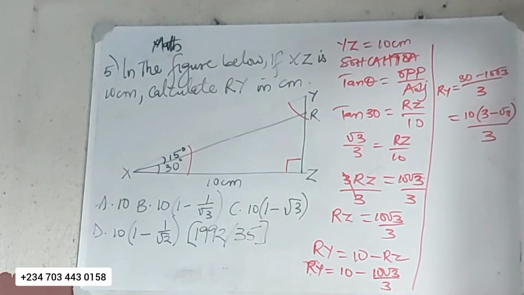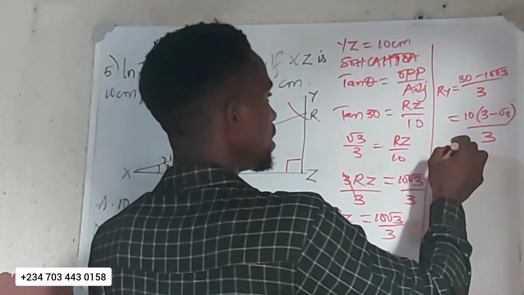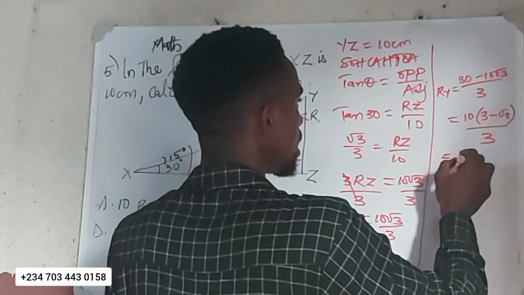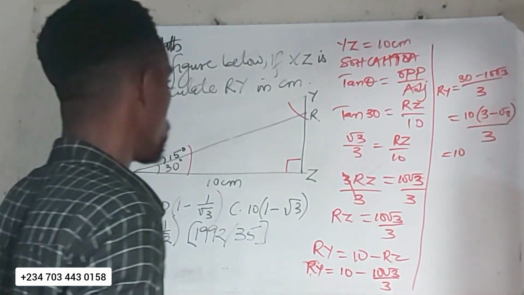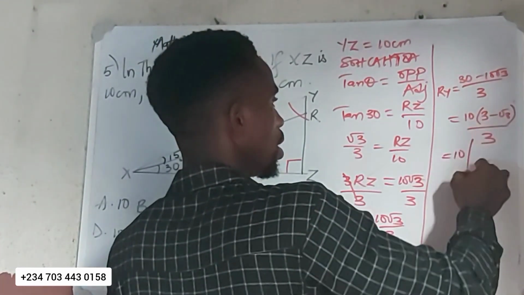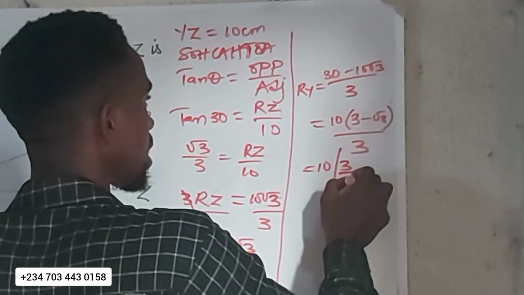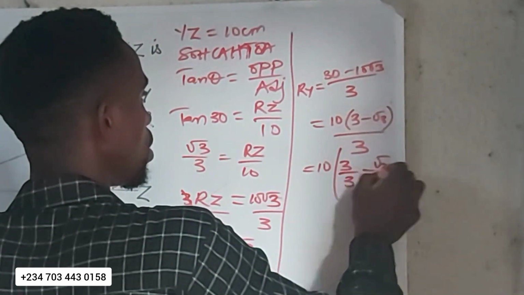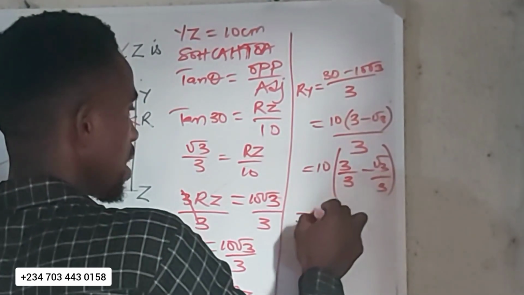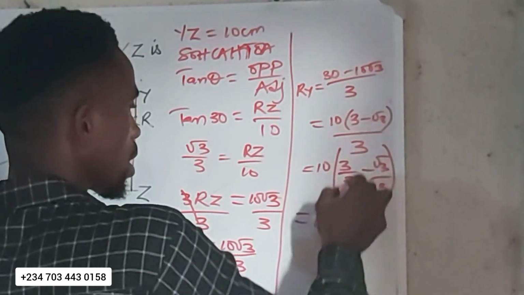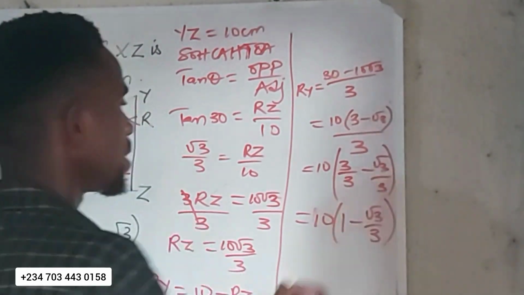Which we can bring out the 10, and we'll have that this is 10 into what we have here is 3 upon 3 minus root 3 upon 3, which is 10 into 3 upon 3 is 1 minus root 3 upon 3.